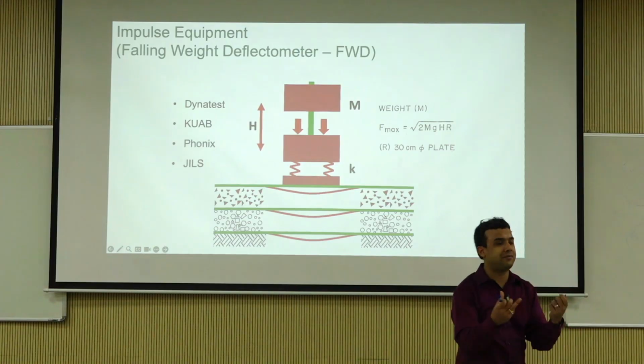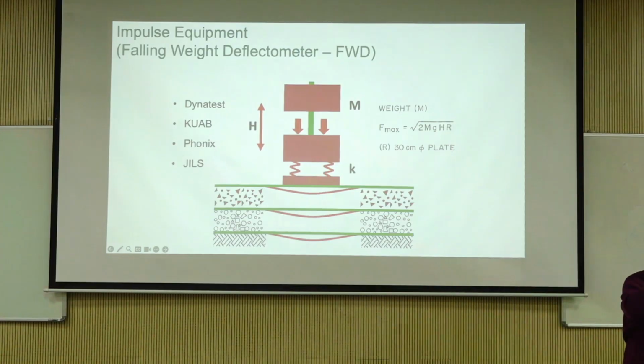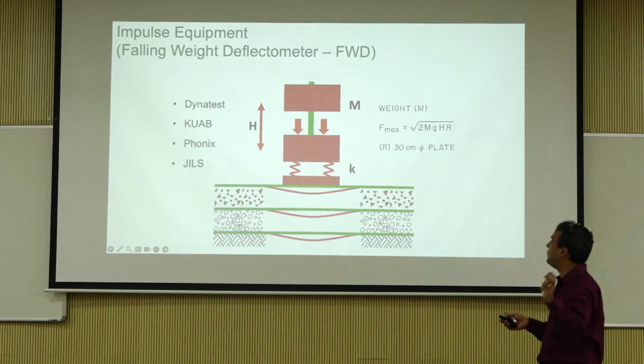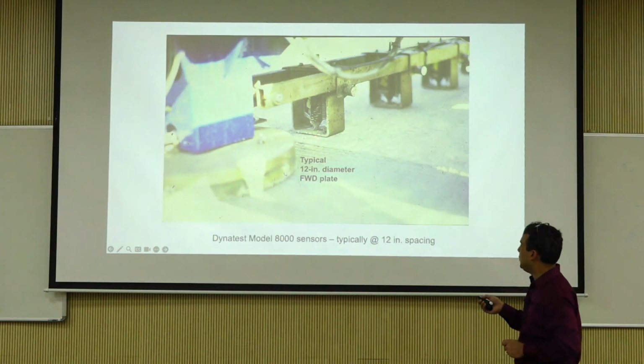So you have to have some kind of padded contact that dissipates the stresses properly, simulates more like a pressure and stuff. What is the pulse width as well? How much should the pulse be? There is a lot of research that goes into it that we don't have time for. But this is how deflection is measured.